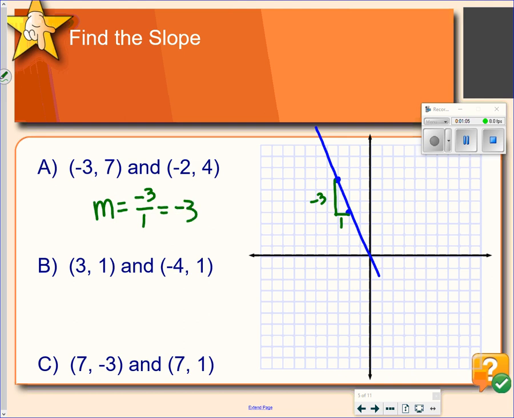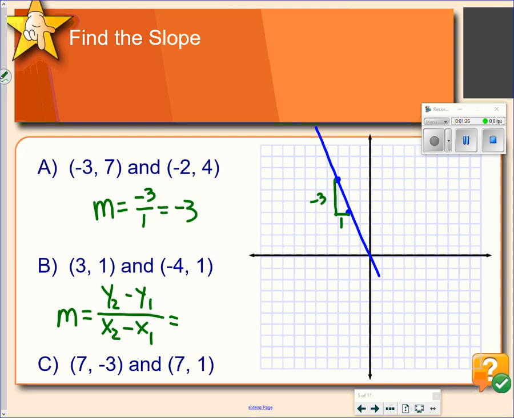Another way to find slope is using the formula slope equals y2 minus y1 over x2 minus x1. Finding the difference between the y values gives us the rise, and the difference between the x values gives us the run.